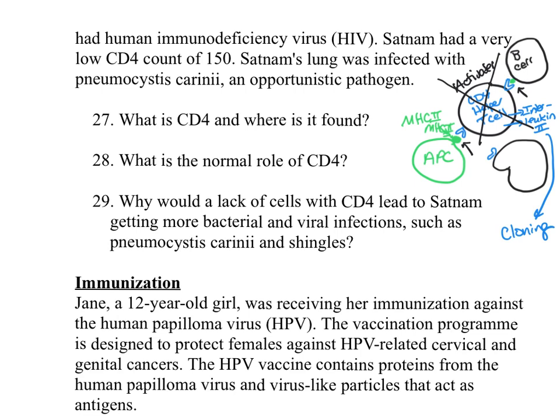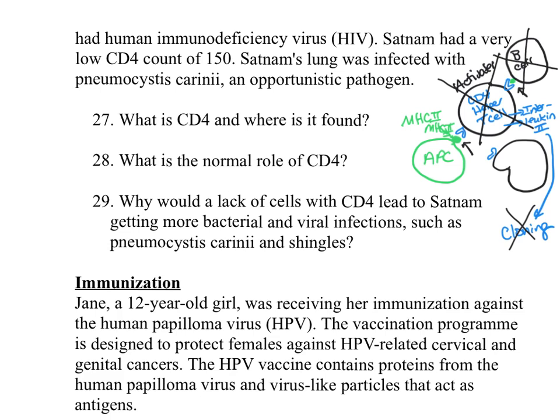This adversely affects the ability of Satnam's T cell population to undergo cloning in response to foreign antigens. Therefore, he would have a reduced number of cytotoxic T cells and helper T cells. In turn, this would lead to reduced activation of B cells and a reduction in antibody production.